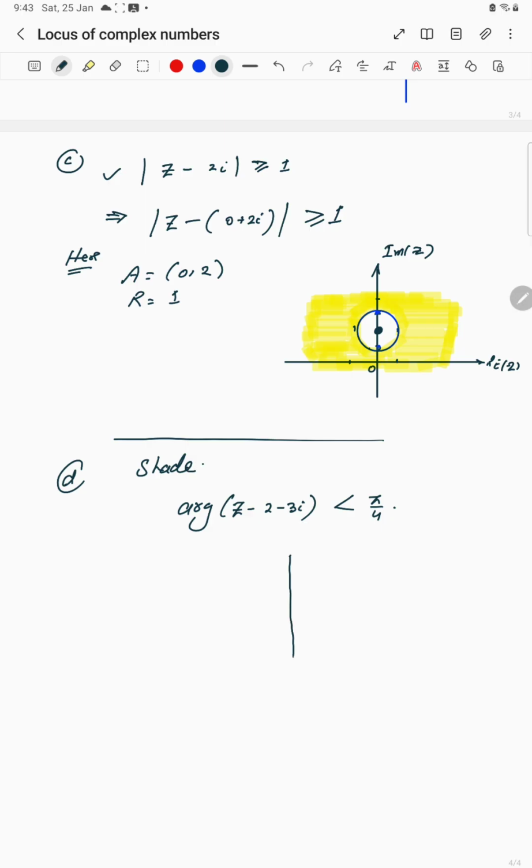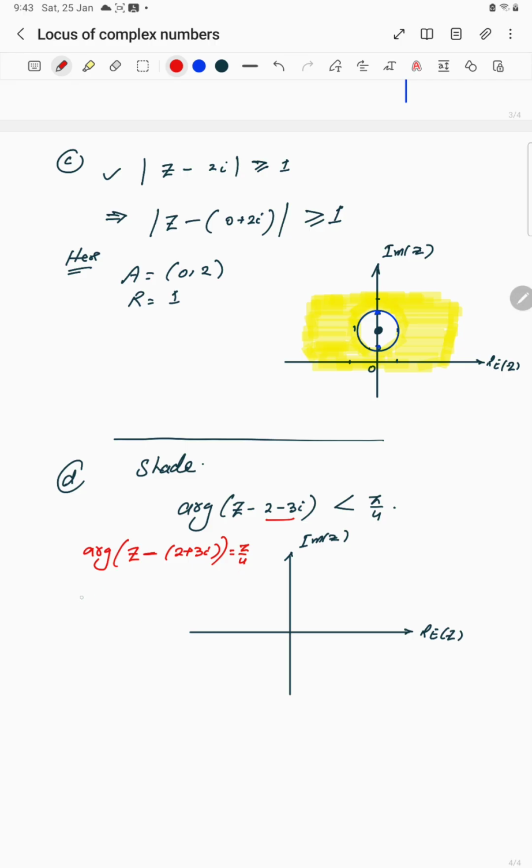So in an Argand diagram, we will plot this. It's real of z, and it's imaginary of z. So it's a half line. We first write this in proper format: z minus, taking the minus inside, it will be z minus (2 plus 3i), equal to pi by 4.